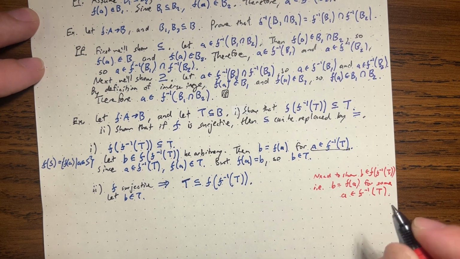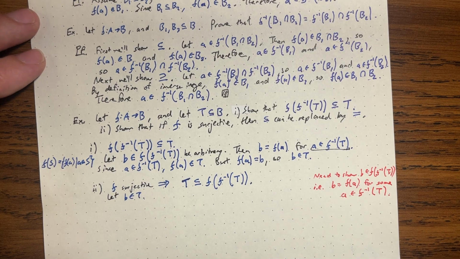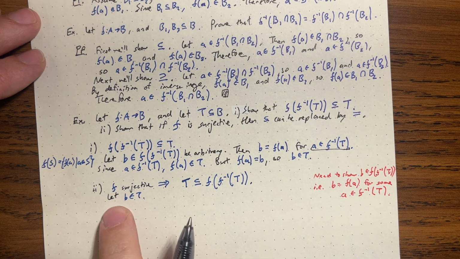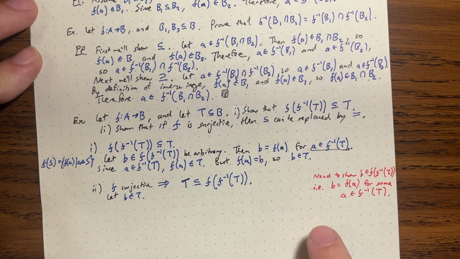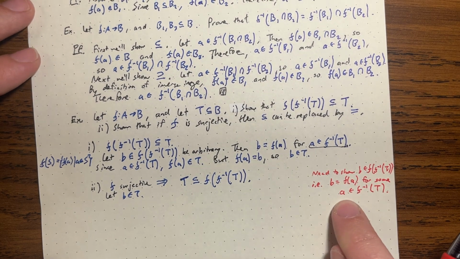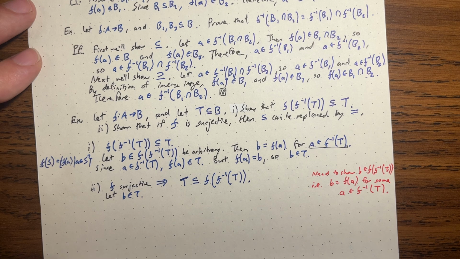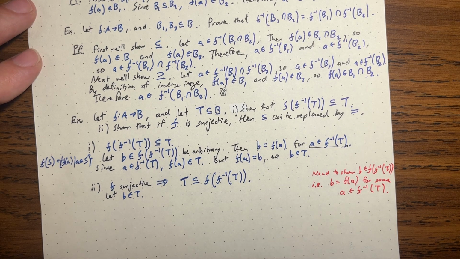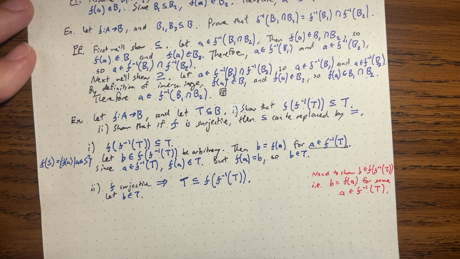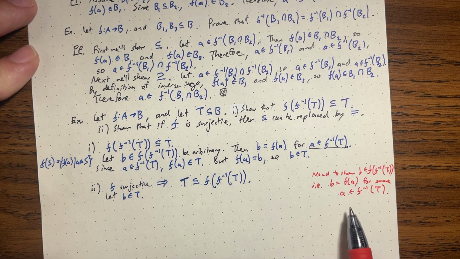Okay, so how do we show that? B is f of a. This B that we're starting with, which is arbitrary, we need to show it's f of a for some a in this set. Let's think for a second. I'm not sure I can do that.